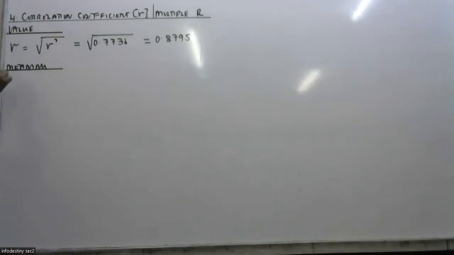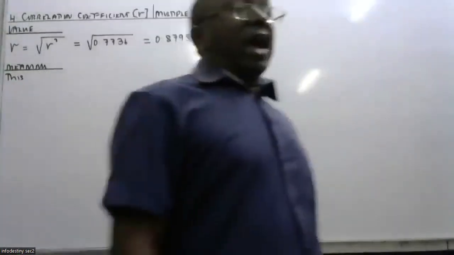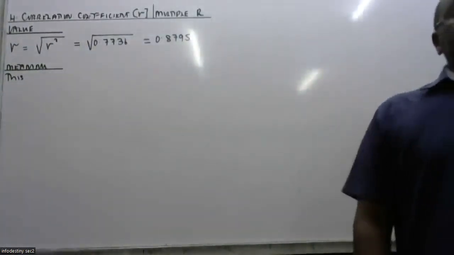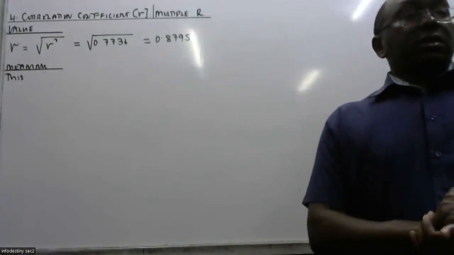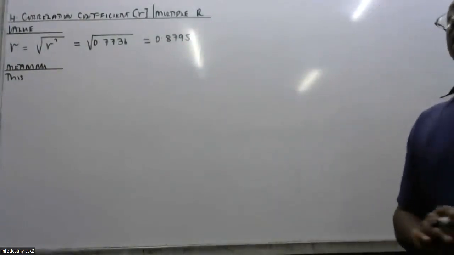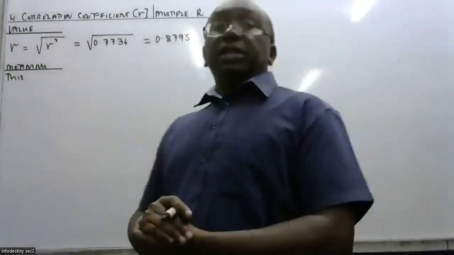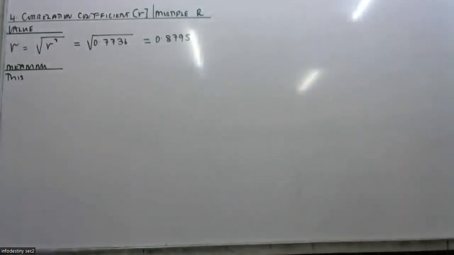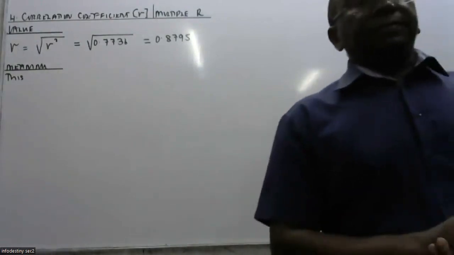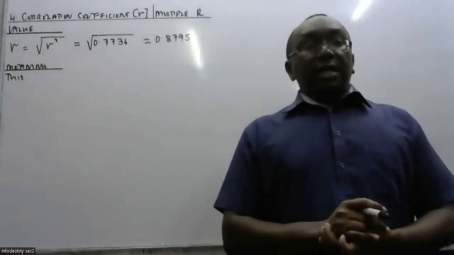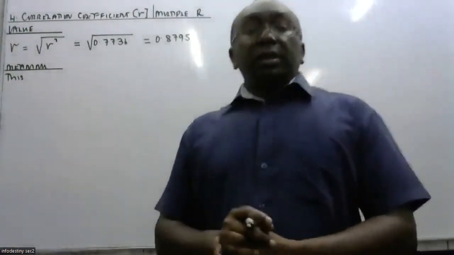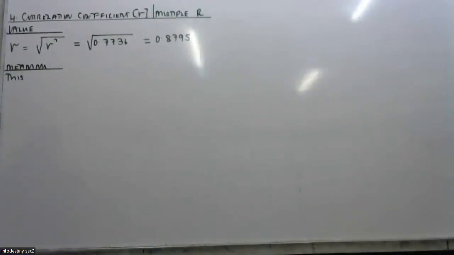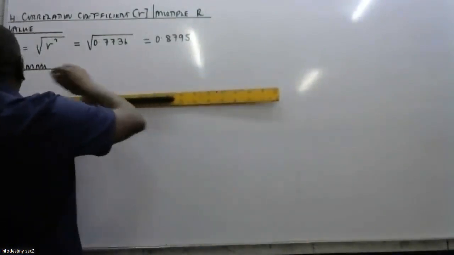So here you can write that this value shows a very strong direct relationship between machine hours and electricity expense in the above case. Okay, so that one is that simple.